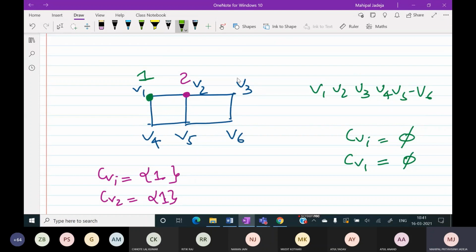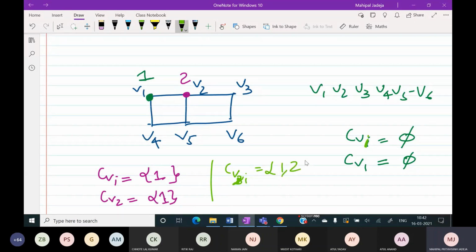Now let's consider iteration 3. In iteration 3, we need to make the decision for V3. What is CVI so far? Let me keep it as I only, because otherwise there's a clash. CVI means the colors I have used so far, 1 and 2.